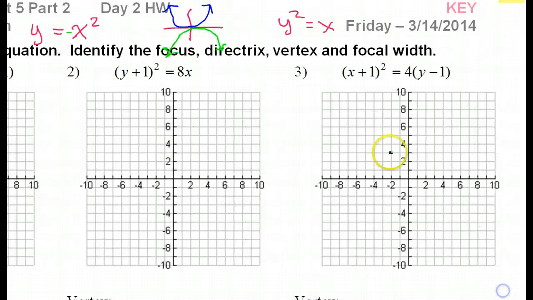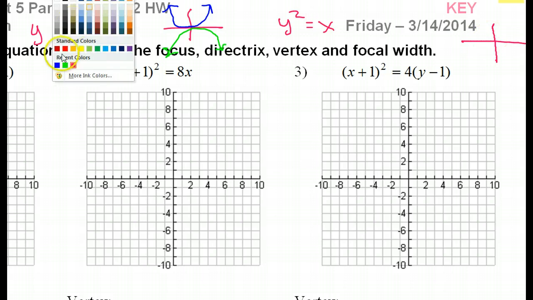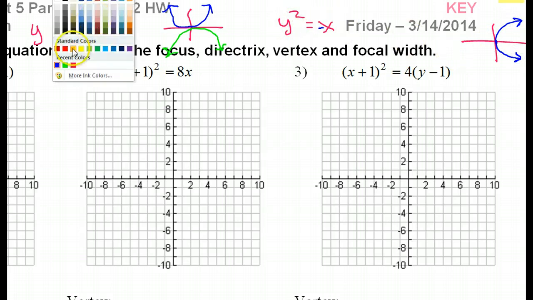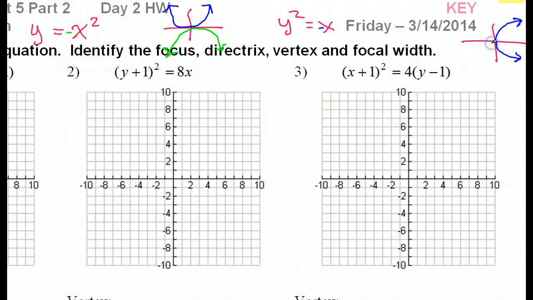That means it must be a sideways parabola. If it's positive, it opens to the right, and if it's negative, it's sideways to the left. But if you see good old x squared, it's either up or down.